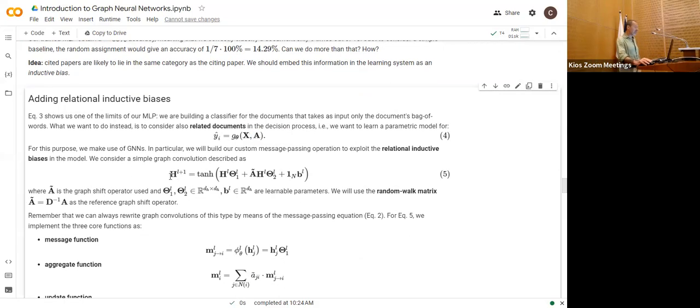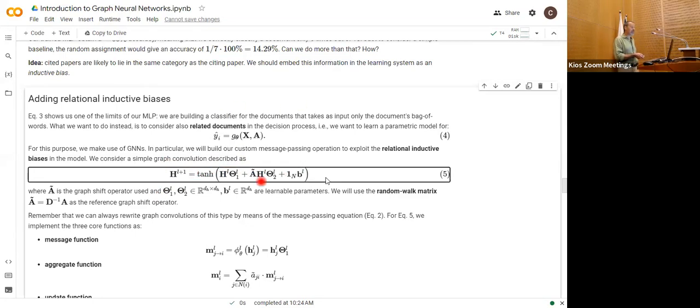The architecture we are considering, which is this one, has layers, which are the ones we have seen. So basically, we are implementing message passing. We have the parameters of the message passing in order to generate the updated graph.